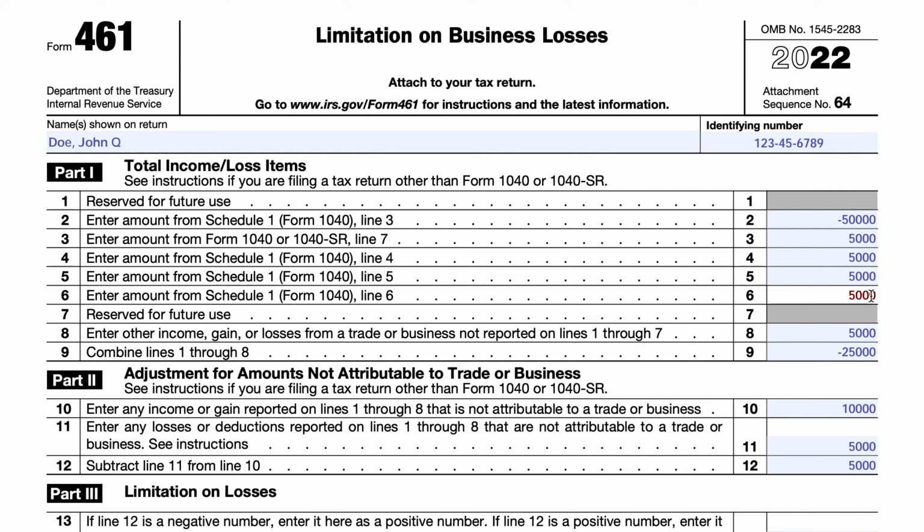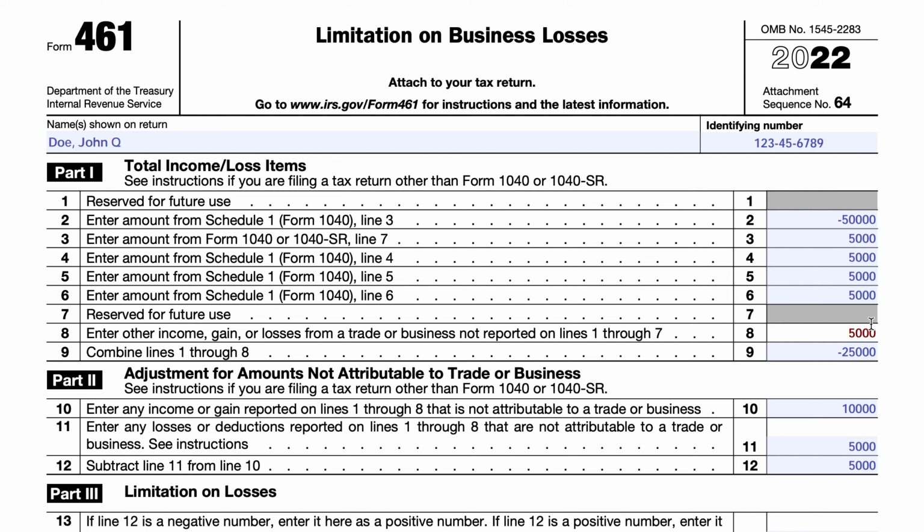So it's important to note that the form instructions don't go any further into detail on what kind of income, gain, or losses you would report here, but you wouldn't have reported elsewhere in your tax return.